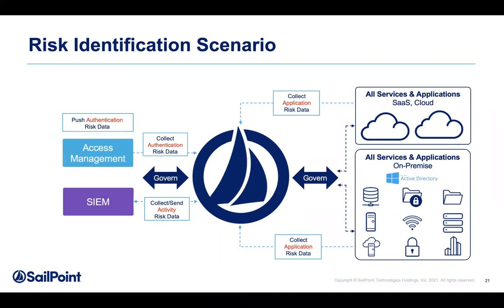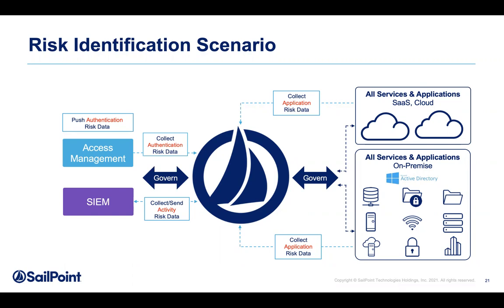The risk of a user can be determined based on different factors. Things like authentication-related risk. If a user is logging in from a blacklisted country, for example, your authentication engine, like a Microsoft Azure platform, can identify that risk and bring that information back to Sailpoint.